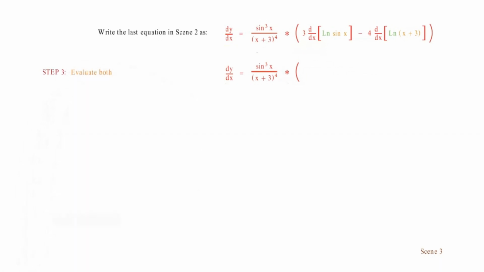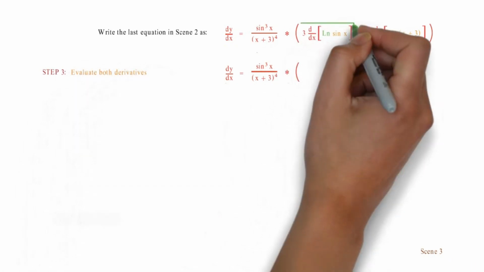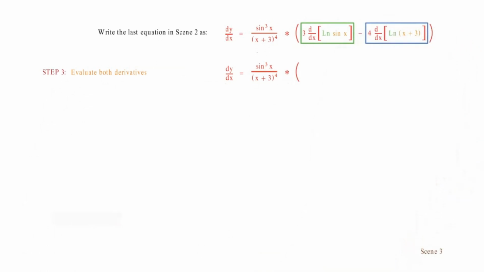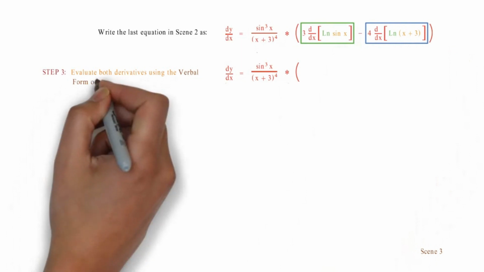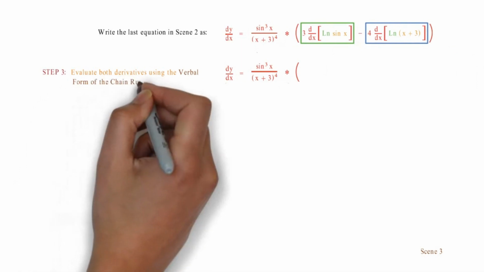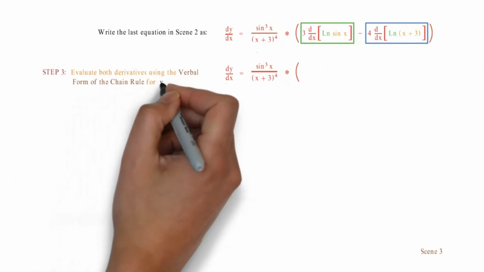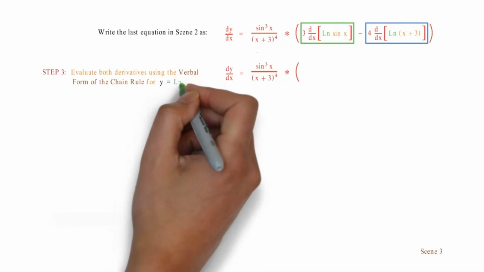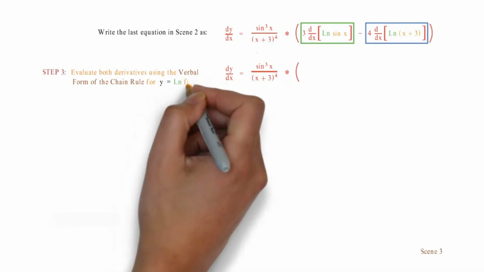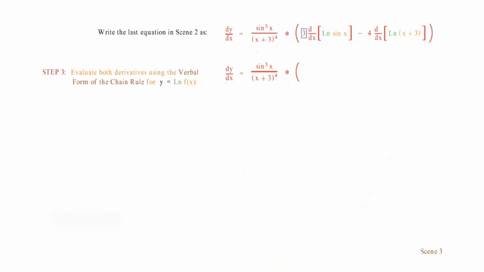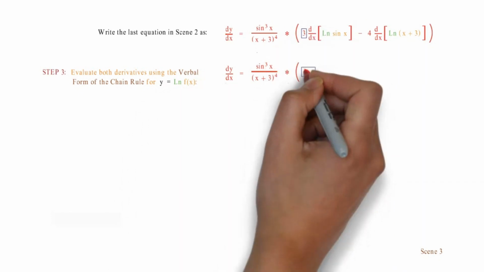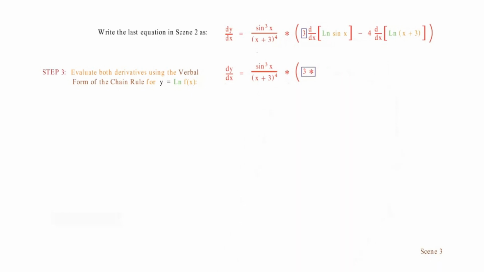Evaluate both derivatives using the verbal form of the chain rule for y equals ln of f of x. Bring 3 down as 3 times.